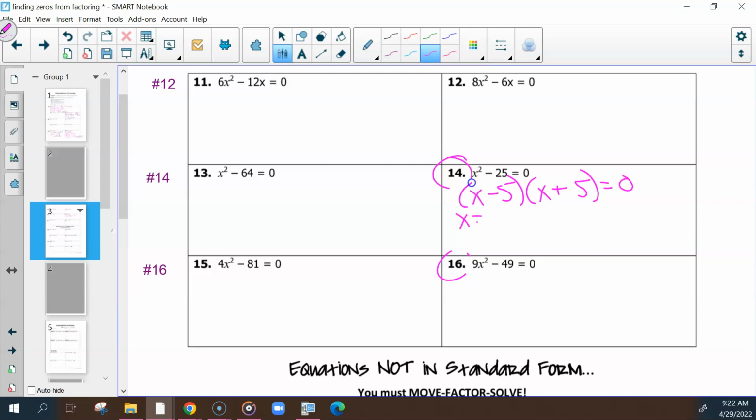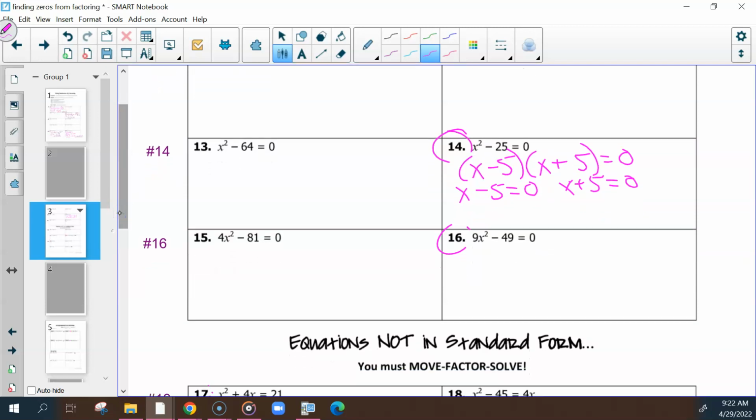If we set both equal to 0, what would our solutions be? Negative 5 and 5. When you write these solutions, there are two different ways you could write them. I'm going to show you both. One, you could write it just as we have been, negative 5, 5. Or, since they're the same number, but just one is positive, one is negative, we could write it as plus minus. It's like a combined symbol.